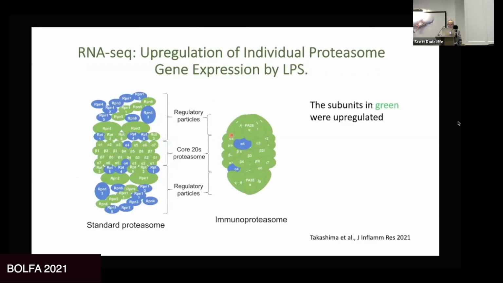As you can see, particularly in the immunoproteasome, almost all those subunits are upregulated. But in the standard, the majority of those green ones are upregulated, the blue ones not changing. But the majority, you can see, are upregulated, indicating proteasome plays a very important role in the inflammation. Okay, probably by degrading invading bacteria.